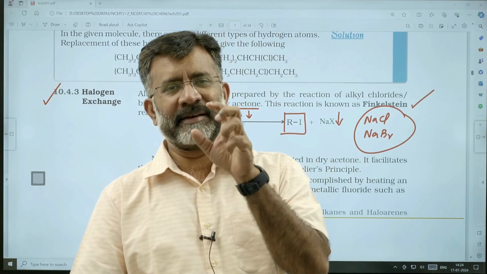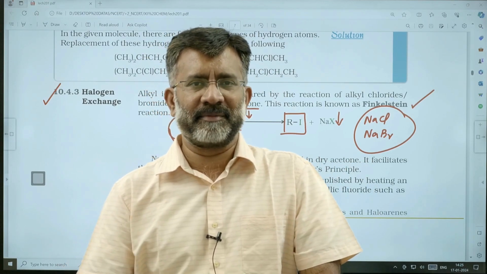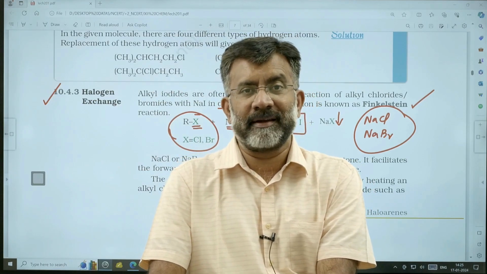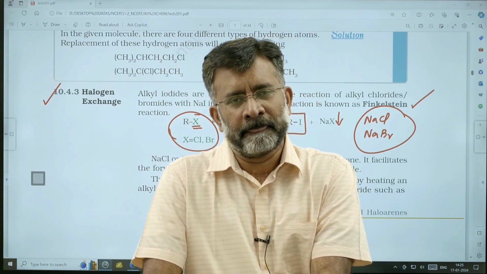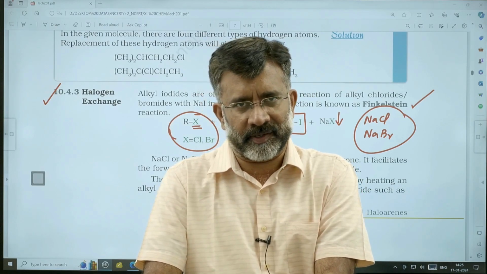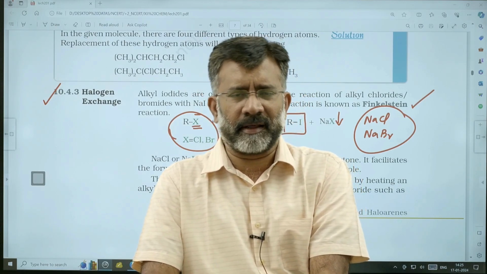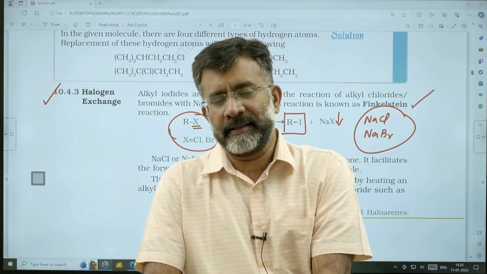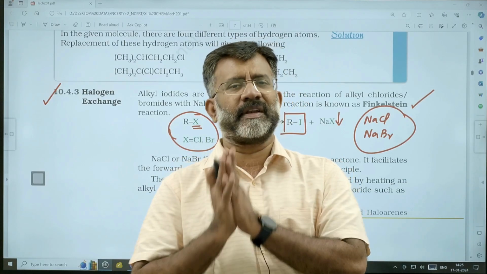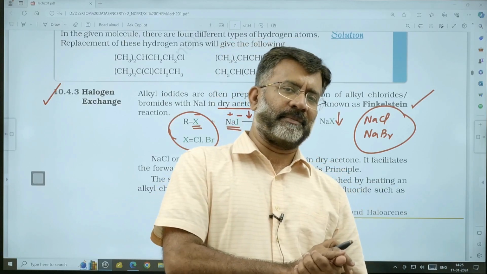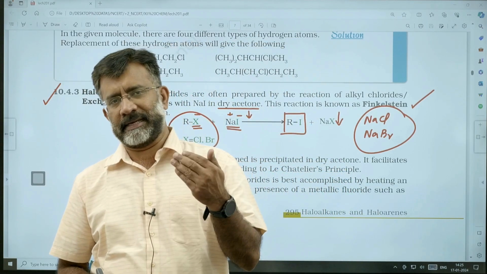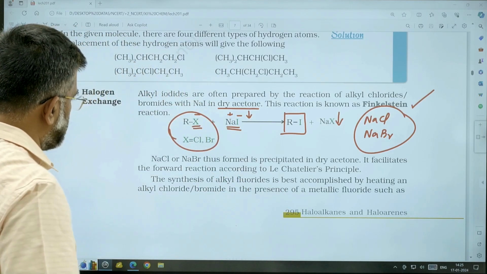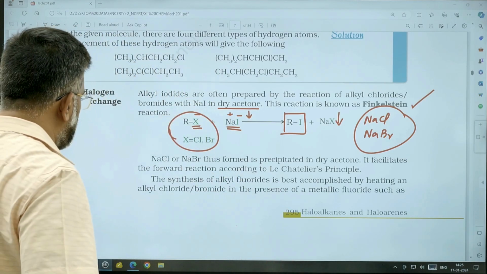Iodine being larger in size, according to Fajan's rule, NaI is more covalent in nature and is soluble in organic solvents like dry acetone. While NaCl and NaBr are much more ionic, they precipitate in dry acetone, and that facilitates the forward reaction, replacing Cl minus or Br minus with I minus. A very popular reaction, the Finkelstein reaction.